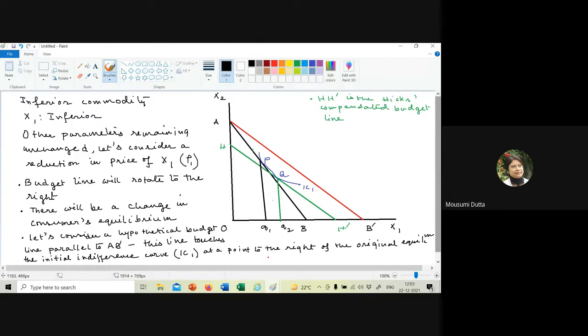Now the movement from P to Q, what does it mean? Is it substitution effect, income effect, or none of them? Substitution effect. It is substitution effect. Very good. So this is SE.